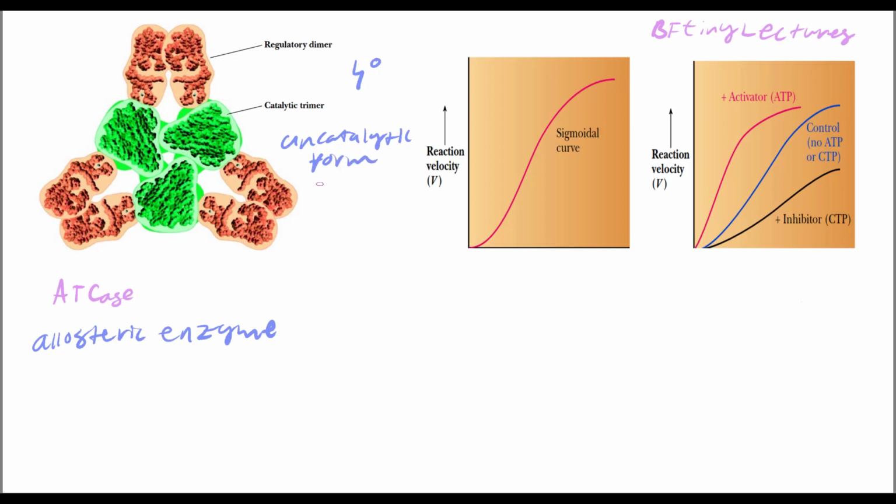And what I mean by that is this is ATCase whenever it's not bound to anything. So this is like the neutral ATCase. But whenever it binds to something, specifically ATP or CTP, which is an inhibitor, it will change shape. So the catalytic form has two trimers, so 6 subunits.